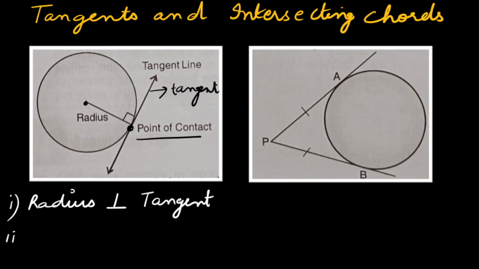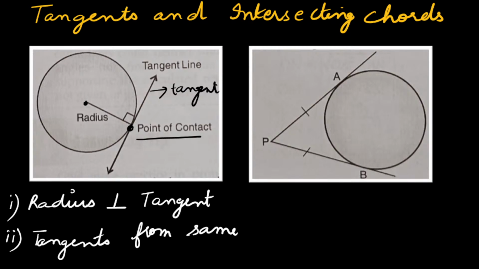Second property, see the second figure here. From the same point P, we have drawn tangent AP and tangent PB. When two tangents are drawn from the same exterior point, they are equal in length. So tangents from the same exterior point are equal in length.